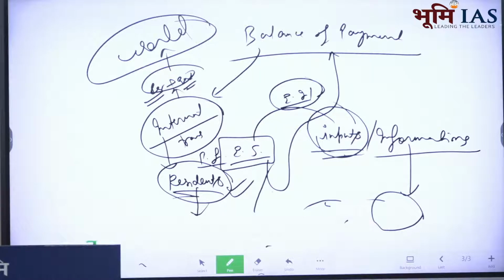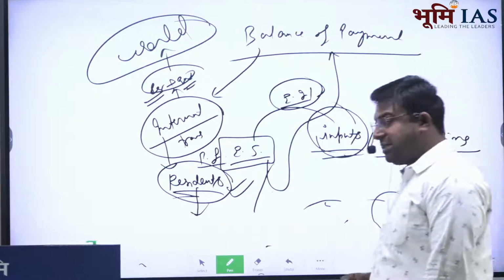So this is the criteria of the word resident.